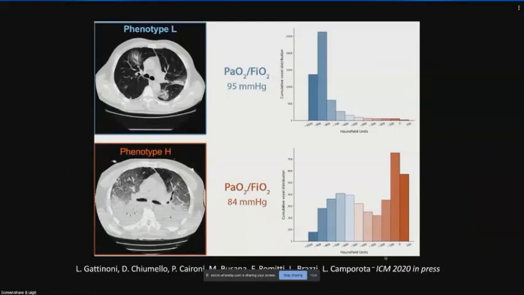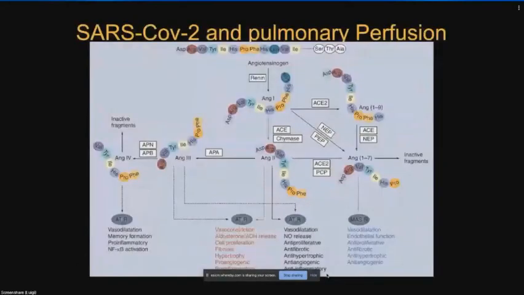Despite the same PF ratio, the CT scan appearance is completely different, and the distribution of normal lung and consolidated lung is quite different between the two categories.